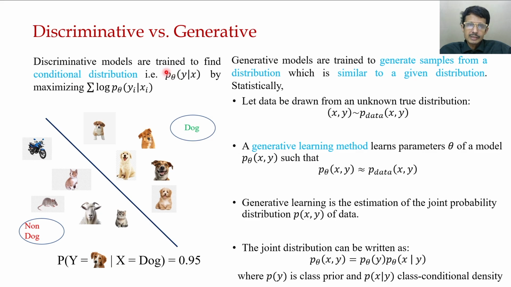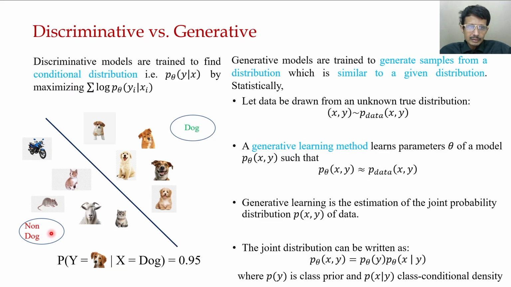This is a parametric model, p theta, that given x, tries to find the y, by maximizing the log of p theta y_i given x_i. That is basically the discriminative model. So this is a dog and this is a non-dog.